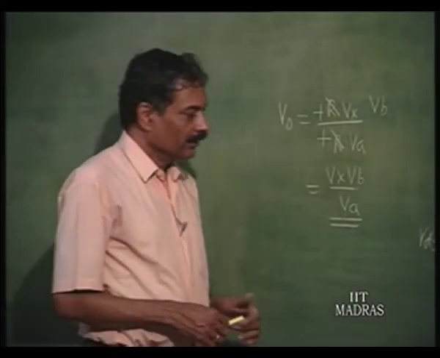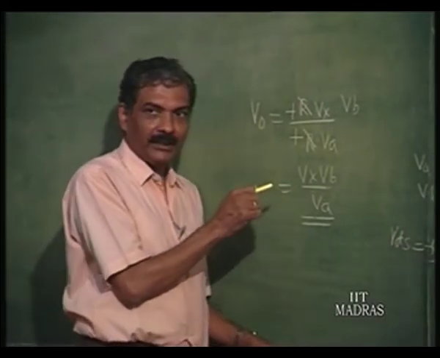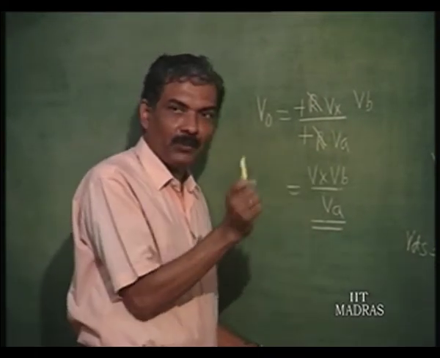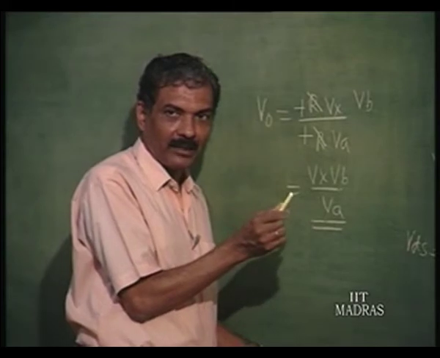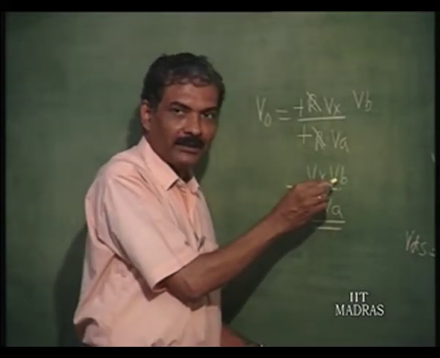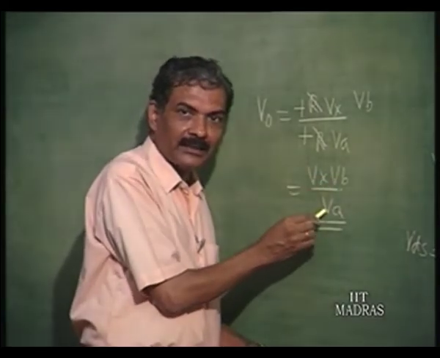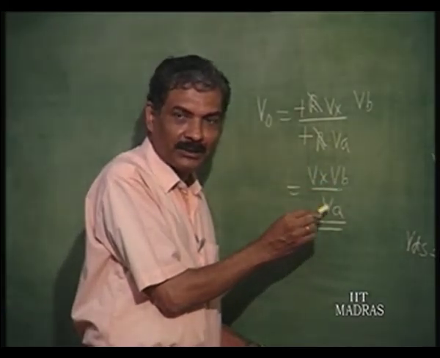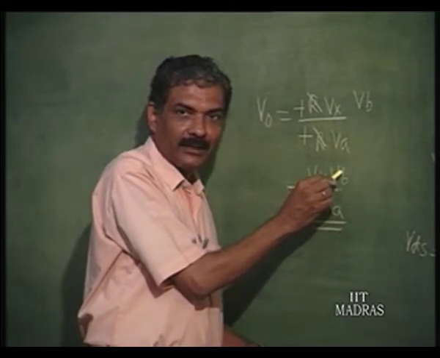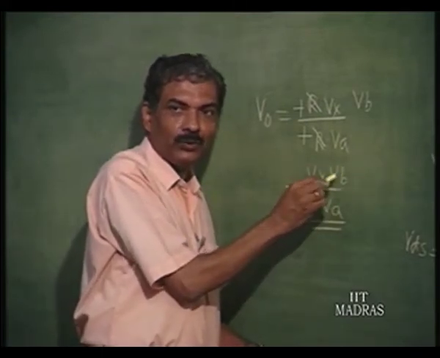So, this scheme gives you both a multiplier and a divider. The condition here is it is a 2 quadrant multiplier because Vx can take both polarities plus and minus, whereas if Vb is Vy and Va is fixed as a DC voltage which is positive, Vy can only take on negative values. So, this is a 2 quadrant multiplier.